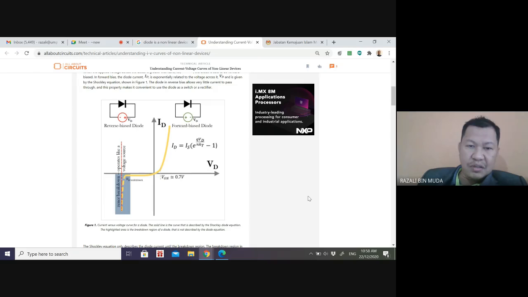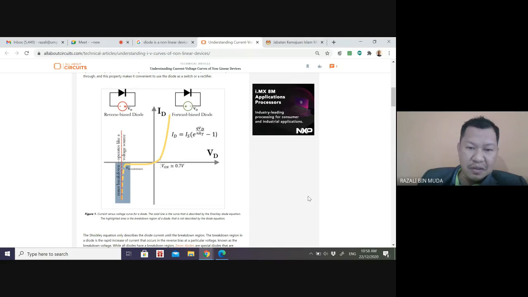Normally if it is linear, then you have a linear relationship. If you increase the voltage, then the current will increase. That is linear. But here, non-linear, what happens is if the voltage increases, basically there is no current before V on. Before this point there is no current flow, almost zero.